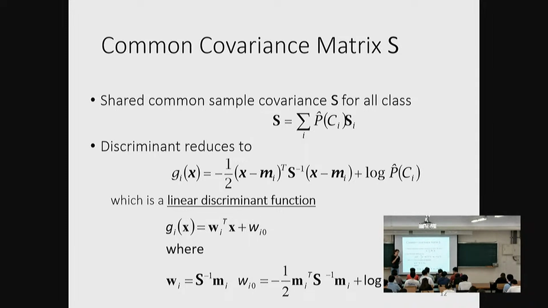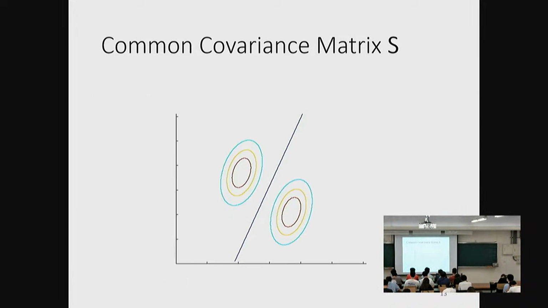If you share that covariance matrix across all labels or data, then that reduces to a linear discriminant function. And still this line is separating the two. Now we're saying I'm going to use the same covariance matrix to model the distribution coming from these two data sets.